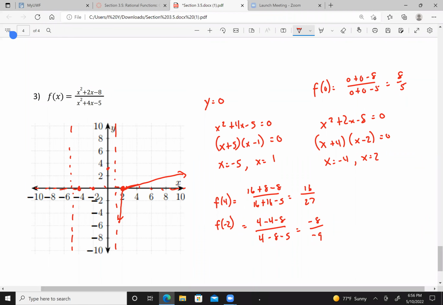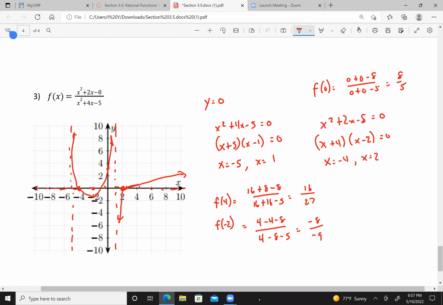So at -2, that's just shy of 1. Here. So I'm looking at something along the lines of a parabola in the middle.